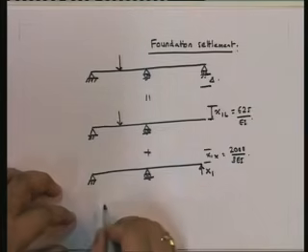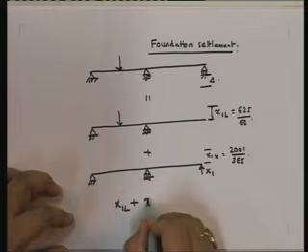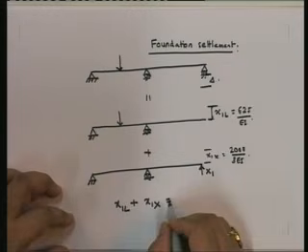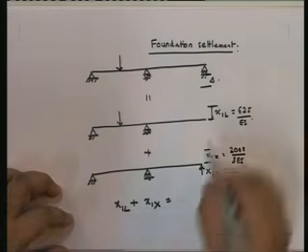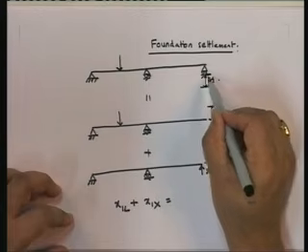However, when you write the compatibility condition, what will it be? x1L plus x1S is equal to, now instead of 0, what is the displacement?